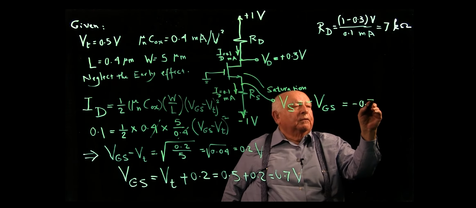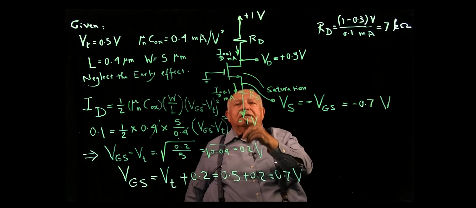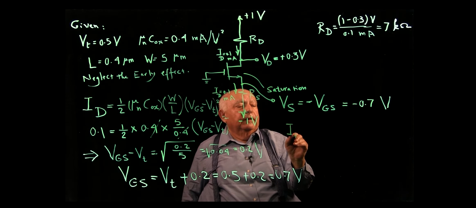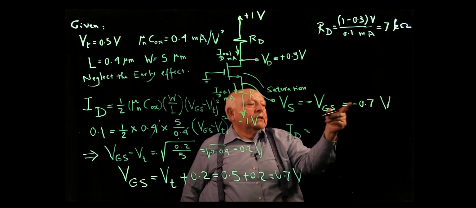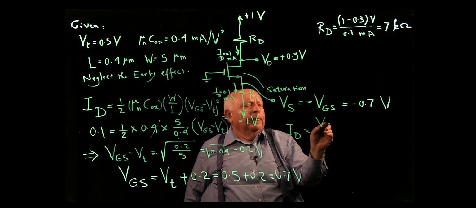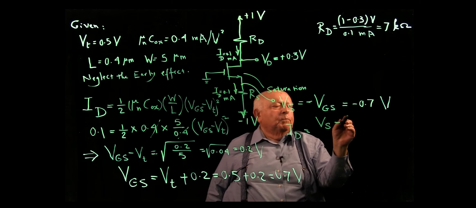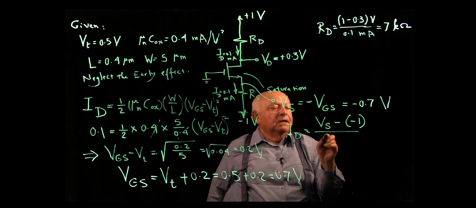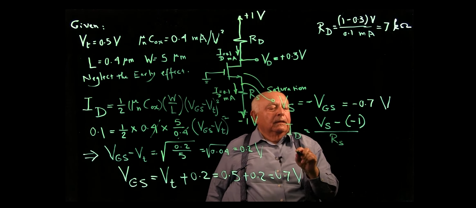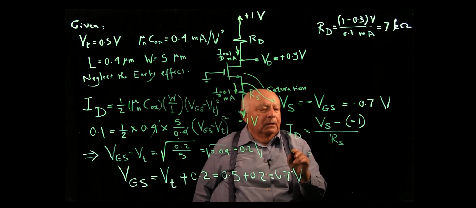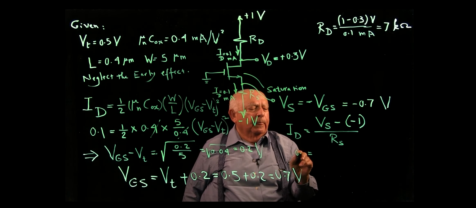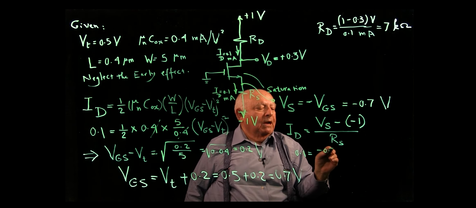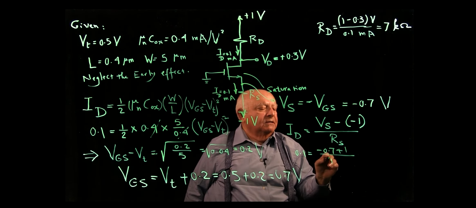So VS is minus 0.7 volt. If I know VS, then I can write an equation that says ID is equal to VS minus the negative supply, so it's VS minus (minus 1), divided by RS. And ID is 0.1. So that's VS, which is minus 0.7 plus 1, over RS.